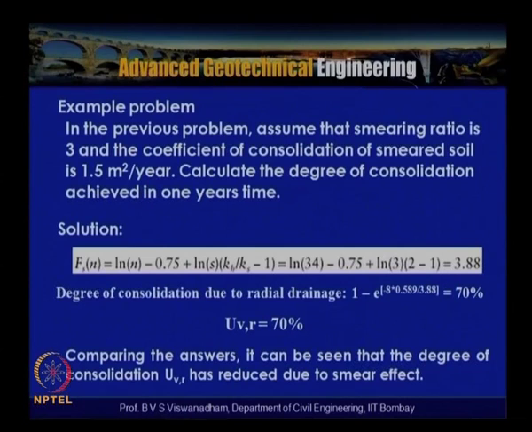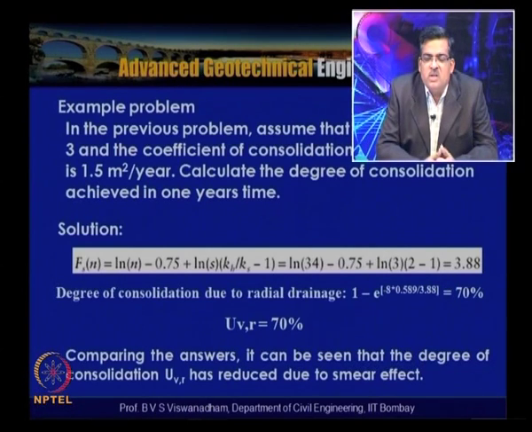Comparing the answers, it can be seen that the degree of consolidation has reduced due to the smear effect, because once you apply Carrillo's equation and substitute these values, you can calculate the correct UVR value. So the degree of consolidation UVR has reduced due to the smear effect.